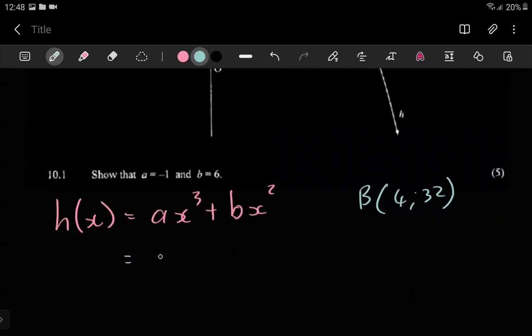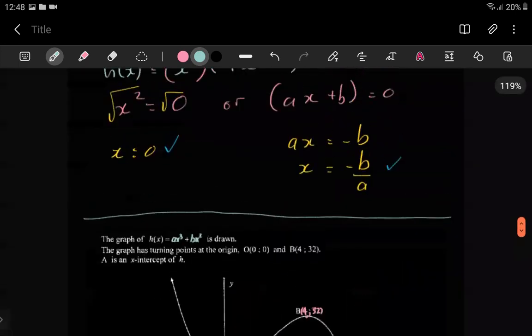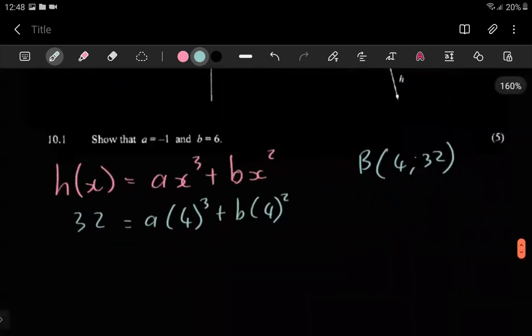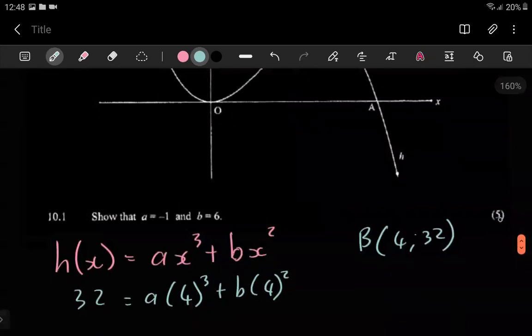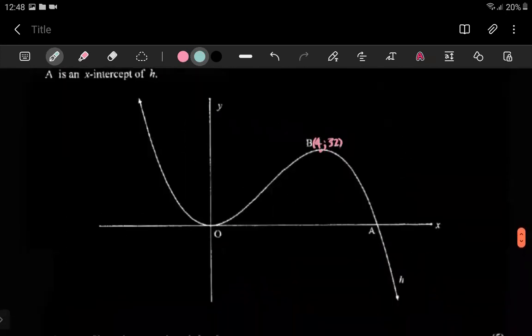Are we shying away from x equals 0 and x equals negative b over a, or are we going to sub in that? For now we're shying away from it, because it is more generic and more heavy. We want to keep it light here because it's just 5 marks. They've given us a turning point, and we're just looking at 2 variables.